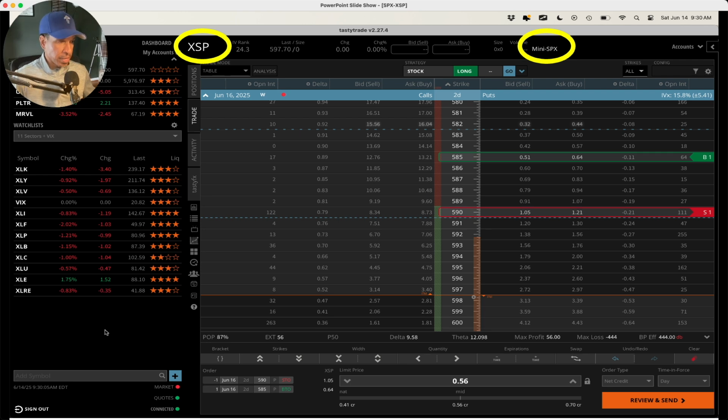So risk management takes priority. And so again, trading the mini SPX when you have a relatively small account is definitely the way you want to go, because it's going to increase your win rate, and also you're going to have better risk management with the mini SPX.